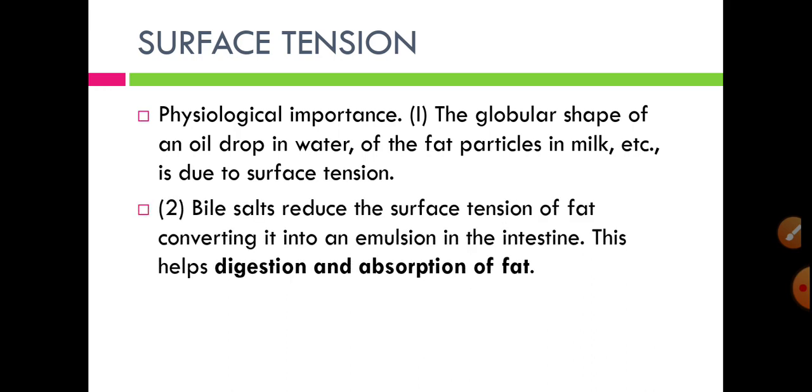Then another importance is that bile salts reduce the surface tension of fat, converting it into an emulsion. So for emulsification of fat, bile salts play an important role, and through this surface tension property, the bile salts reduce the surface tension of fats and convert them into an emulsion, so that fats get easily digested and absorbed from the intestine.